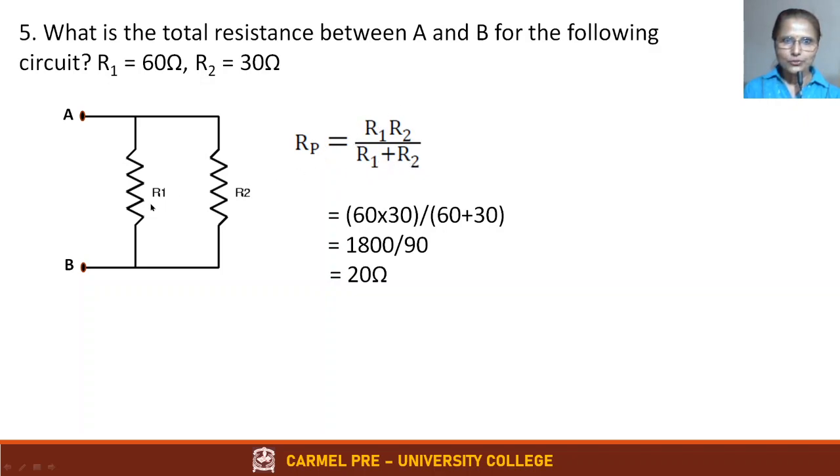So substitute for R1, substitute for R2, which is 60 into 30 divided by 60 plus 30. 60 into 30 is 1800, 60 plus 30 is 90. The division will give you 20 ohms. So when two resistors are connected in parallel, it is better you remember this equation. It's always going to be helpful. R1 R2 divided by R1 plus R2.